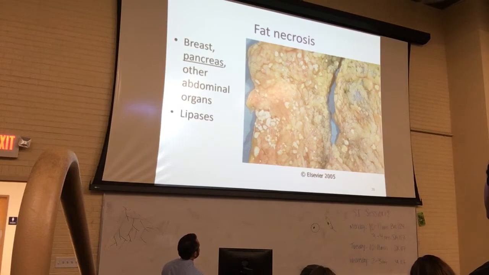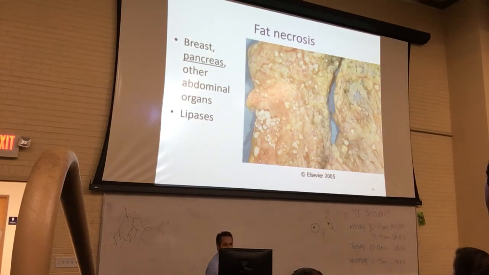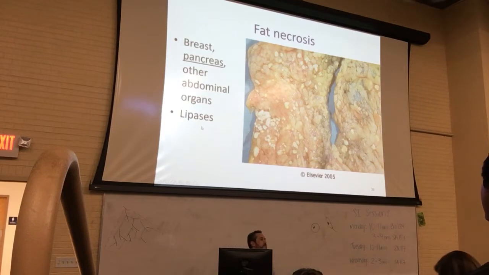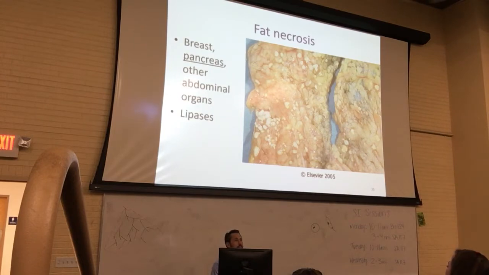here's one right here, okay? And what takes place is these lipases that are found in these fatty tissues, they digest the triglycerides. Those triglycerides form free fatty acids that bind with calcium that's nearby. Calcium in the presence of magnesium and sodium form a compound that can become saponified, and it basically is like bar soap.